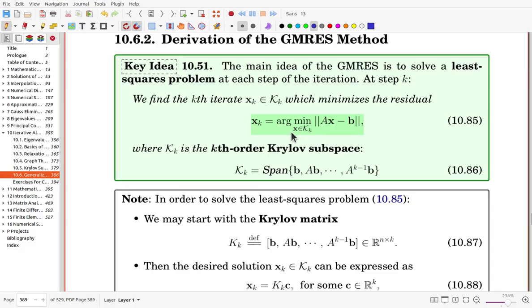Now, x is chosen over the kth order Krylov subspace spanned by b, Ab, up to A^(k-1)b. These are k vectors spanning the space. And among every possible x in the space, we try to get the vector minimizing this residual. Each iteration, we try to solve this minimization problem.